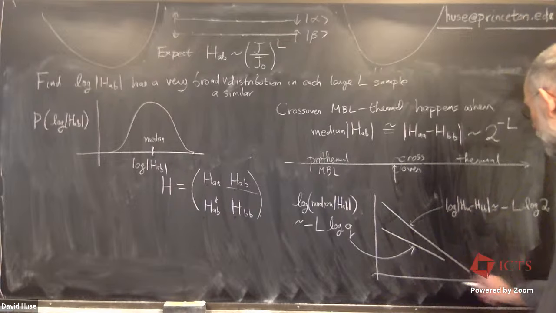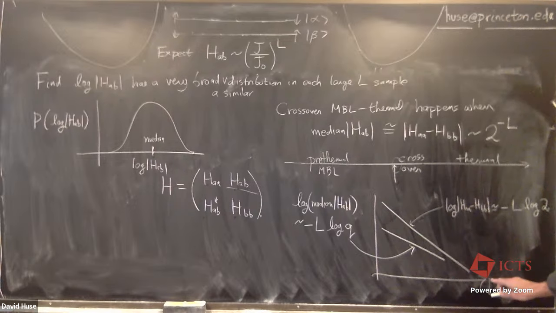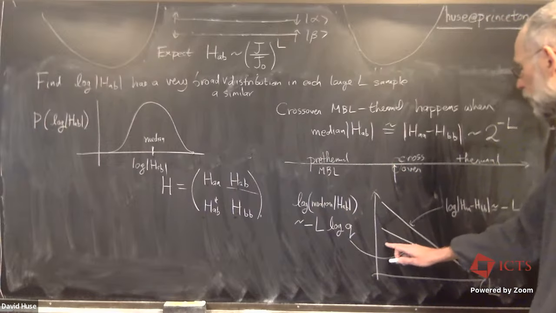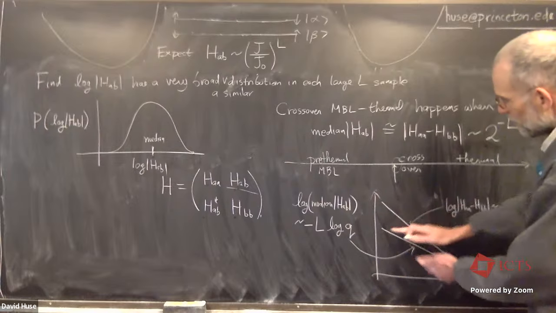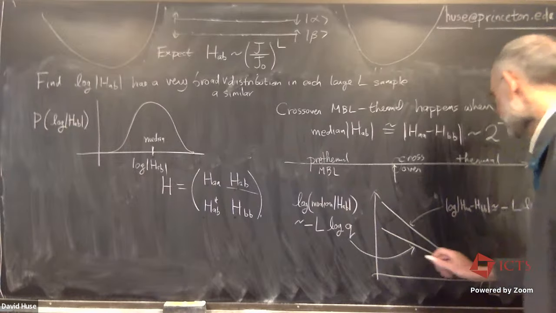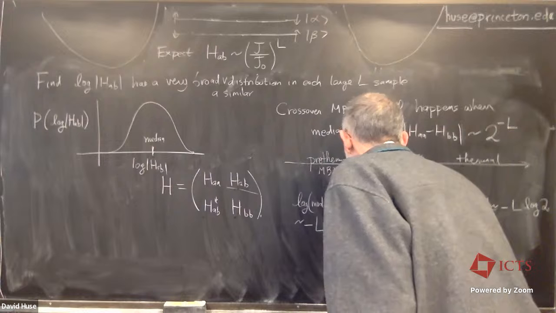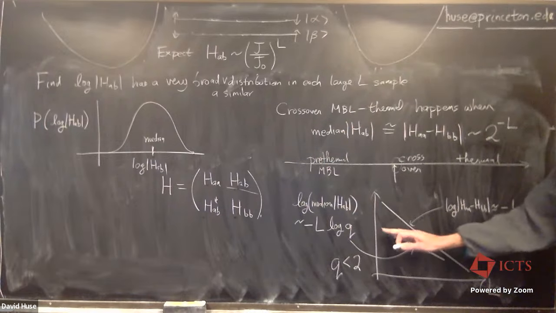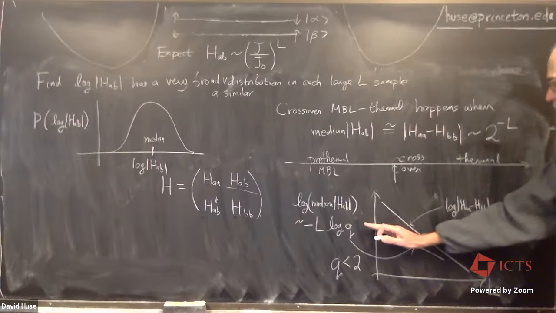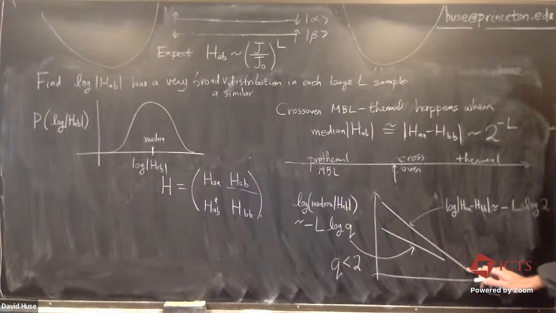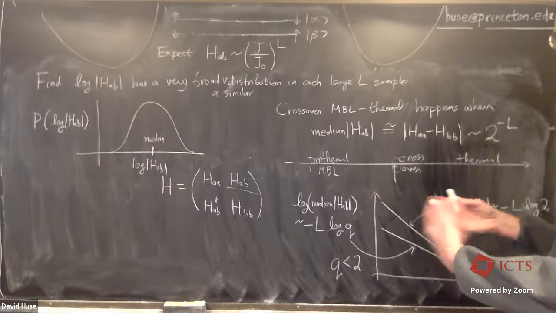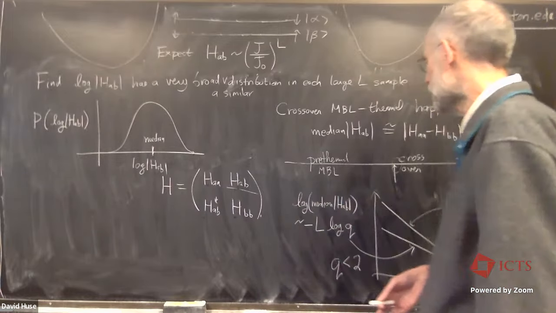This is a linear scale on L, and log things along this axis. As we go to larger L, this slope is smaller than this slope. Q is less than 2. And the crossover is just this line eventually going to cross this line, and most pairs of eigenstates at large L will become resonant, and the system will presumably thermalize.